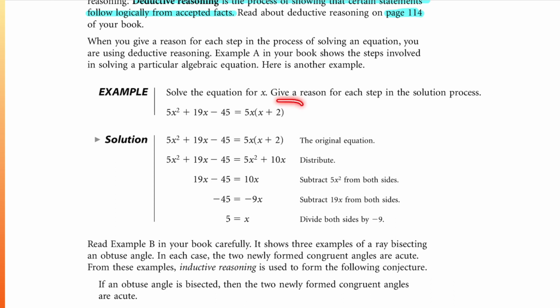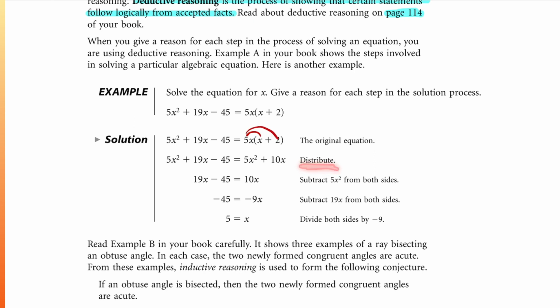So here's an example. Say you're given an algebraic equation, and they want us to solve the equation, and then they want you to justify each step using deductive reasoning, accepted facts. So the first step here is the original equation, nothing going on there. Next step, they distribute.